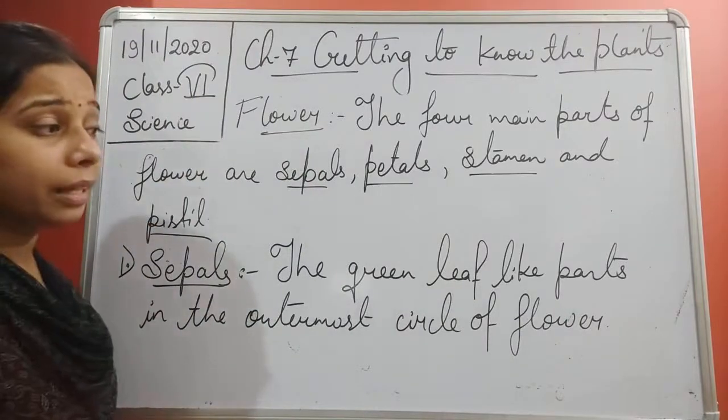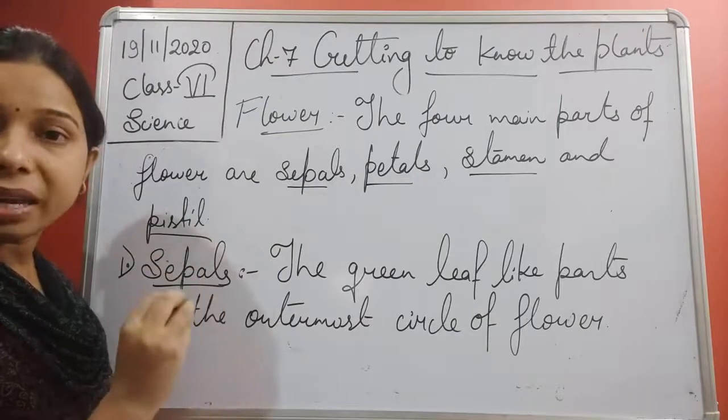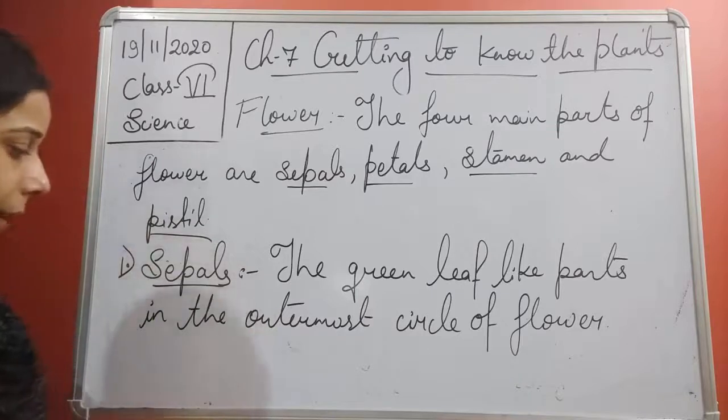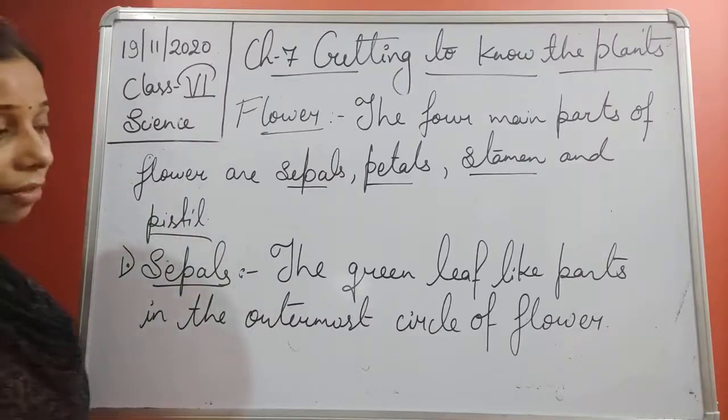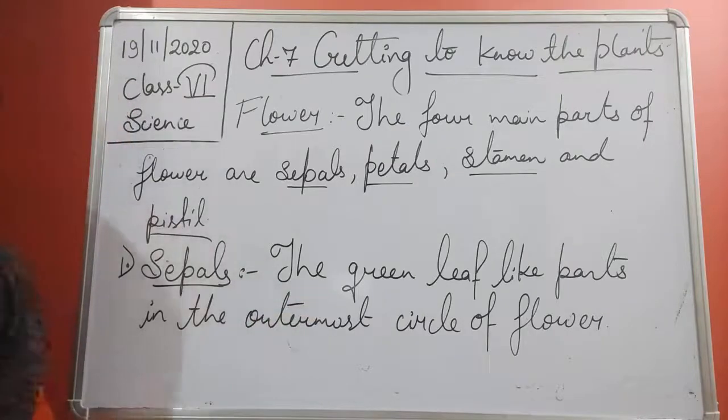Sepals are what, student? These are the leaf-like structures which are present at the base of the flower. So we can say it is the green leaf-like part which is present at the outermost circle of the flower, and that is known as the sepals of the flower.